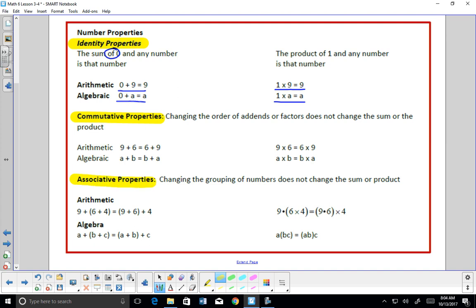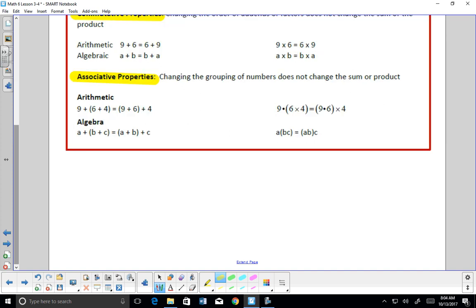That means changing the grouping. What you put in parentheses of numbers does not change the sum or the product. Think of associative property as your group. Who do you associate with at school is your group of friends. So in arithmetic, we can put different numbers in parentheses and we can add them, and it doesn't change the final answer.